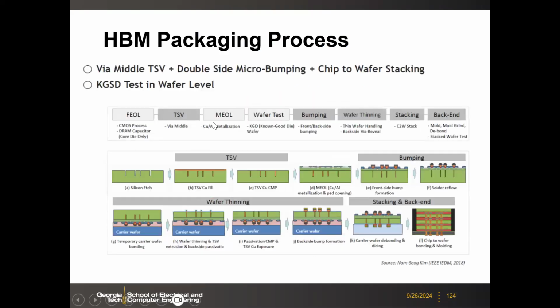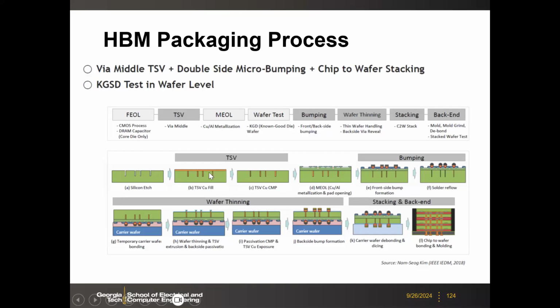So here, some more details on the packaging processes for the HBM. So we can go through this flow. What you will do here, for example, is first fabricate the front-end of line CMOS, and then you etch into the silicon to have a deep trench, and then fill with the copper.